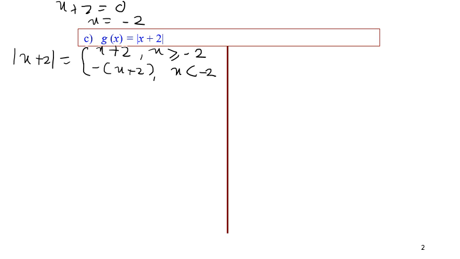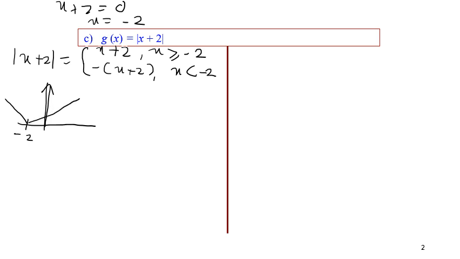So, as we discussed in the subtopic 5.1d, the shape of the absolute function would be like this. That is starting at negative 2. So, this is for negative definition, which is less than negative 2.